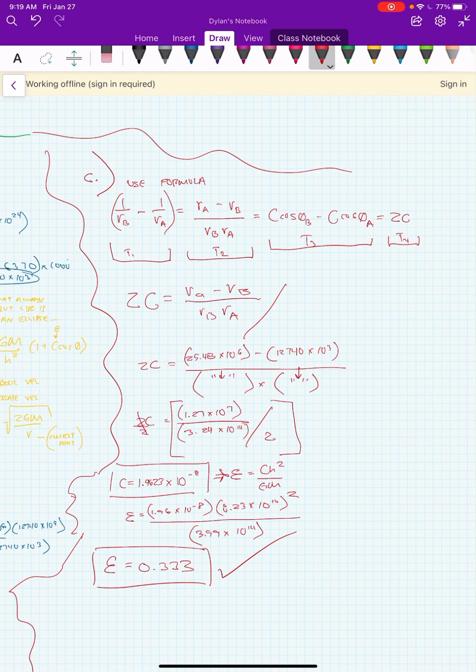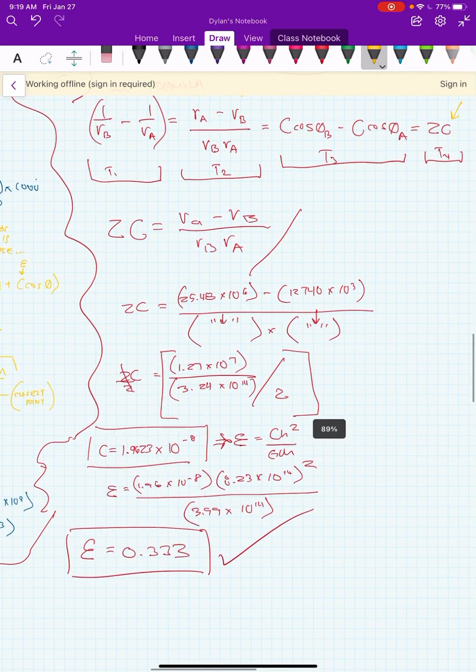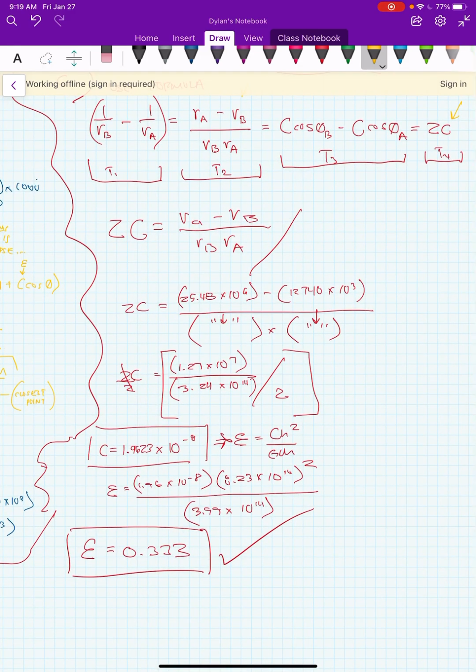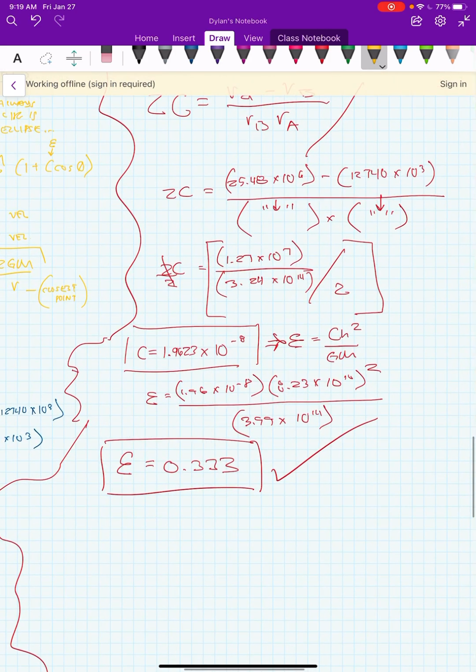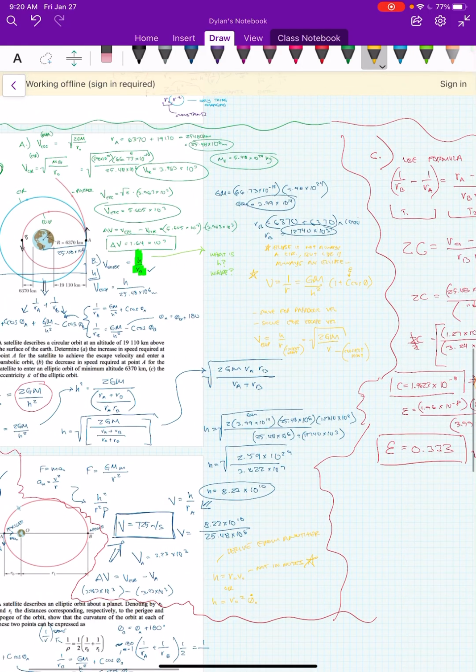So I took the 2 important ones that I needed, this one and this one, set them equal to each other because that's the relationship, plugged in all of my values that I already have, and I needed to figure out what c was, solved for c, and then plugged that into my eccentricity formula right here and got the eccentricity.